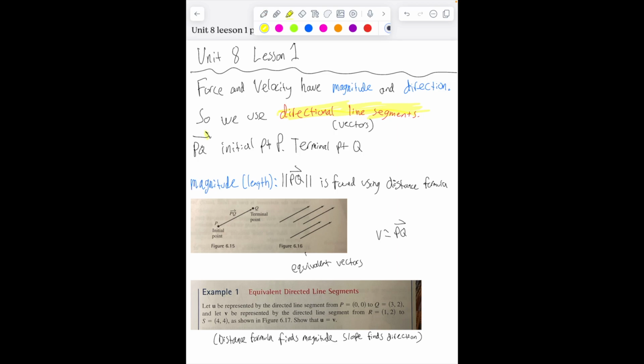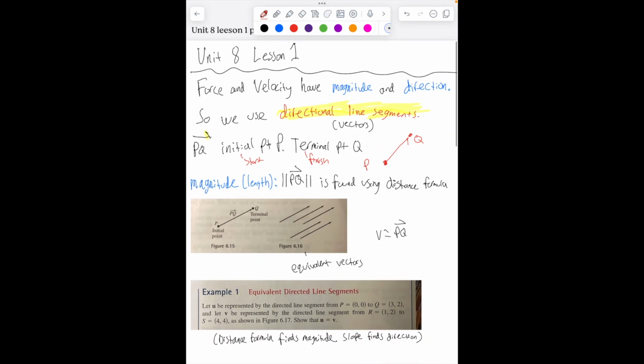So it's a straight line with half of an arrow pointing up. It's got an initial point and a terminal point, which just means start and finish. I'm going to start at point P, and I'm going to end at point Q, moving in this direction here.